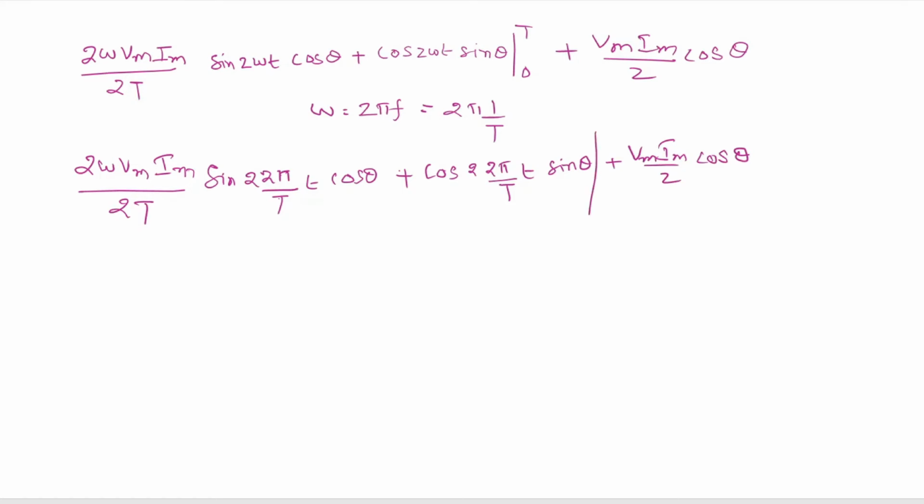Now substitute T here, 0 to T. T gets cancelled. Sin 2 pi is 0.